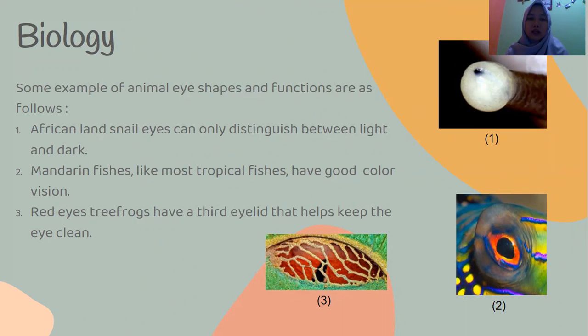Like most tropical fishes, it has good color vision. Here is the picture of number 2. And the third is the red-eyed tree frog. Tree frogs have a third eyelid that helps keep the eye clean. This is the picture of number 3.